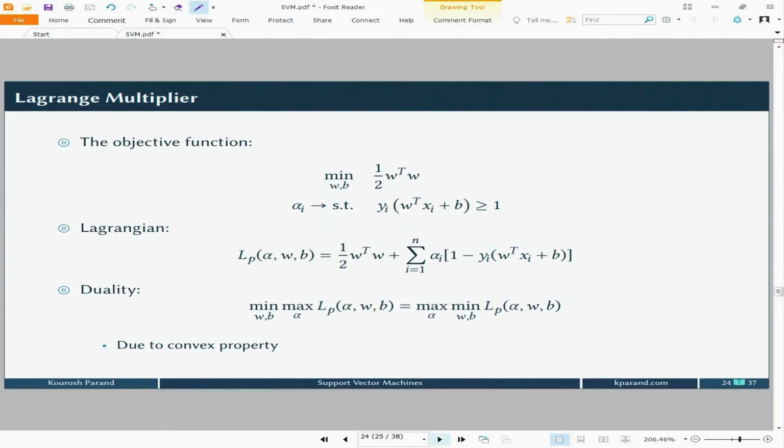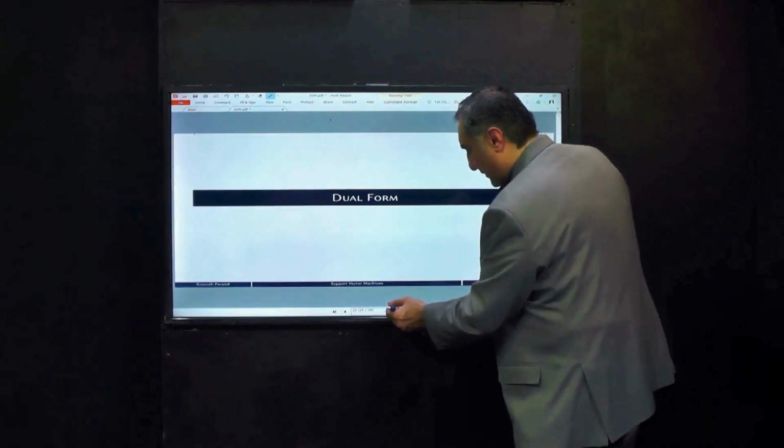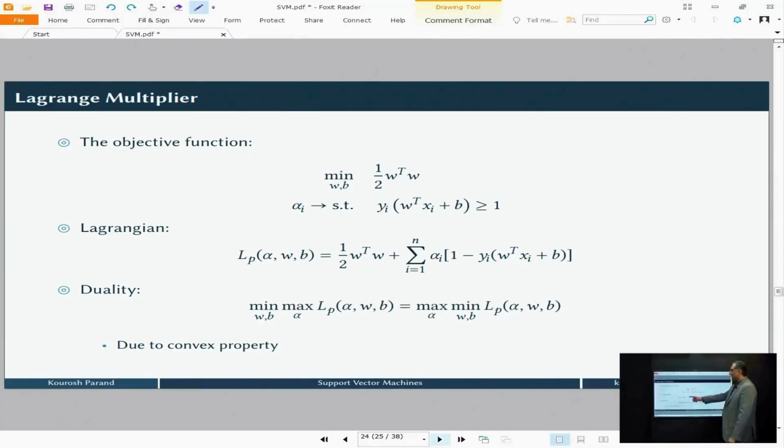Now we've entered the discussion of the dual form. I've talked about Lagrange multipliers, the Lagrangian method, and before that, the quadratic programming method. I've explained that. Let's get into it and see what's going to happen here. What was the objective function?